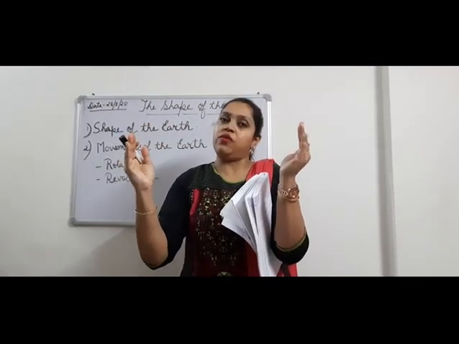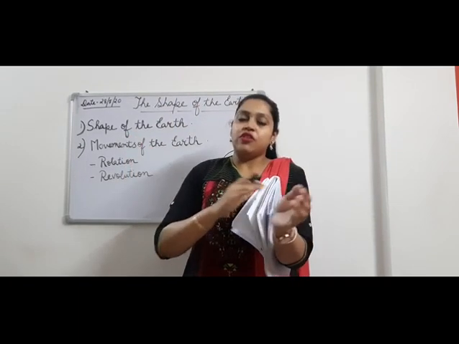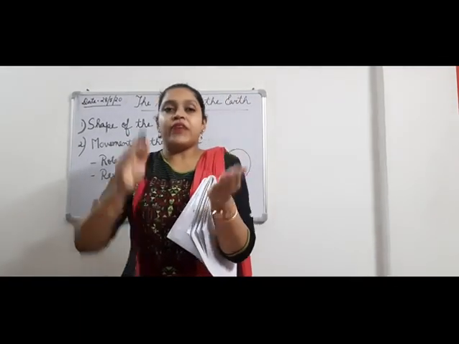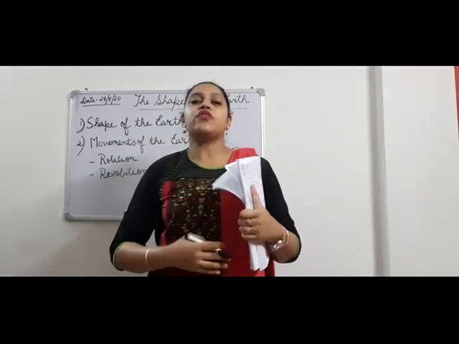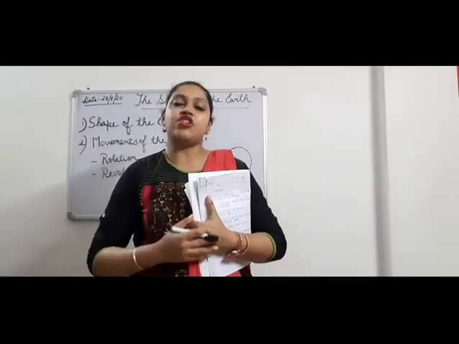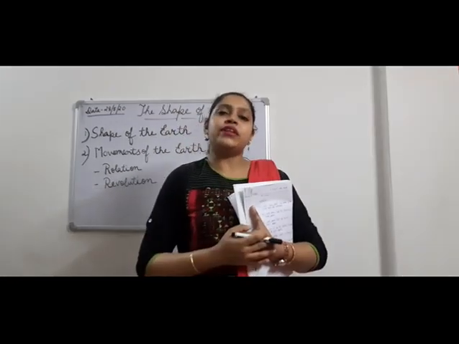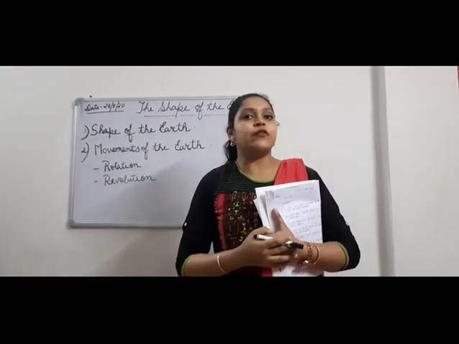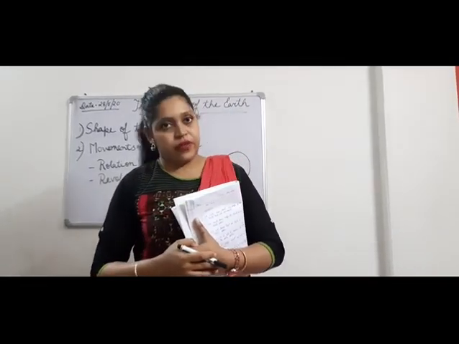Okay children, flat at the top, bulging at the sides. So if someone asks you what is the shape of the earth, you cannot say it's a sphere. Now you know, you will have to say it's an oblate sphere.